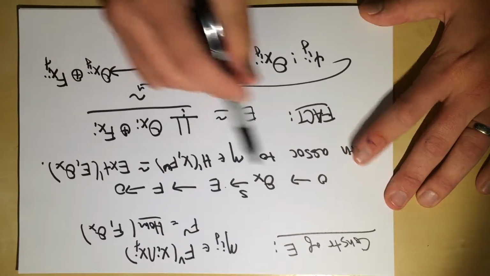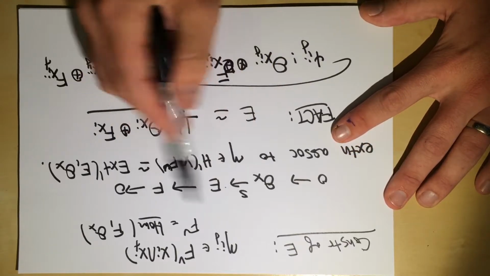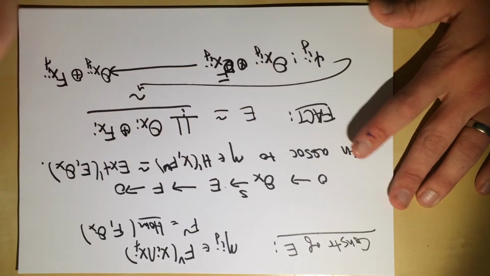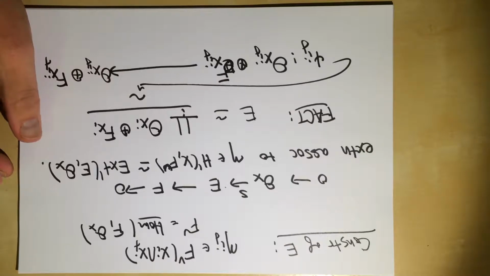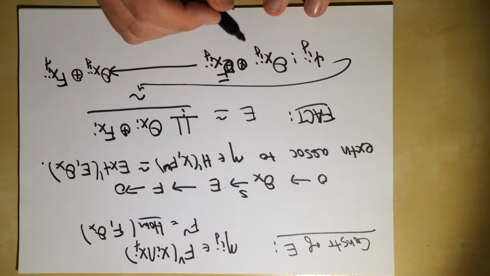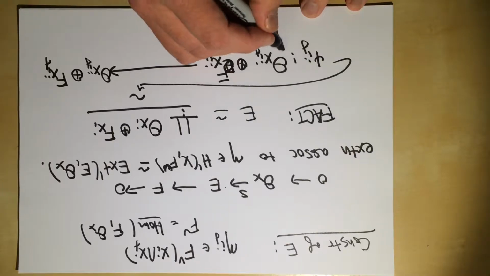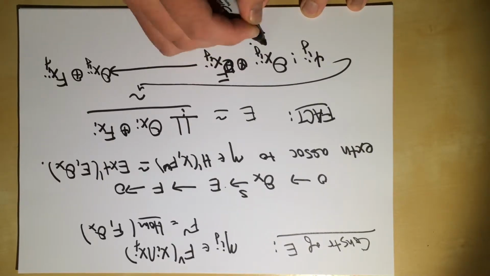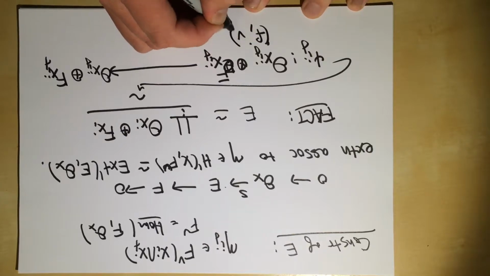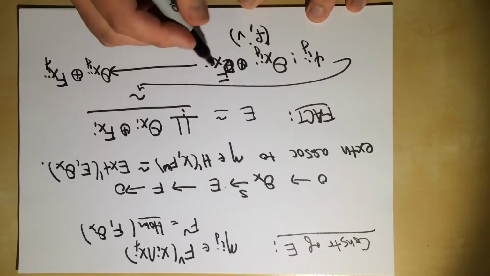So locally, always locally, the sequence will split into a direct sum. This is an exact sequence of vector bundles, and I need to explain how this works. So we'll take a function f here and a vector here. So maybe it's bad that the f doesn't belong to the F, but whatever.